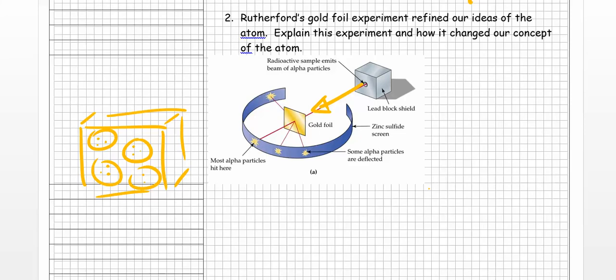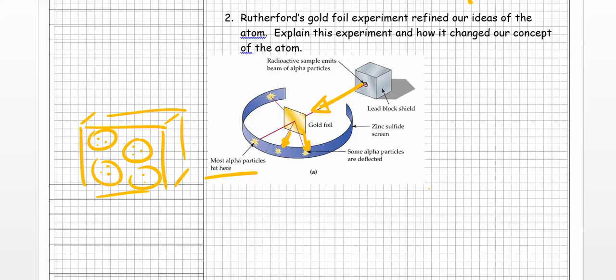So if you shot repeated alpha particles through the gold foil, certainly the little electrons were not big enough to deviate the trajectory of the alpha particle. And so most of the alpha particles went right in a straight line from where they were fired. But every once in a while, the alpha particles would deviate off course.